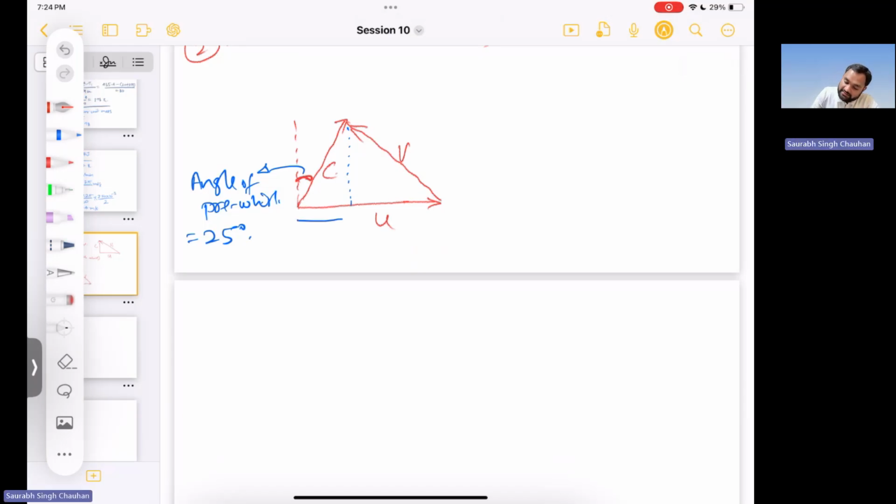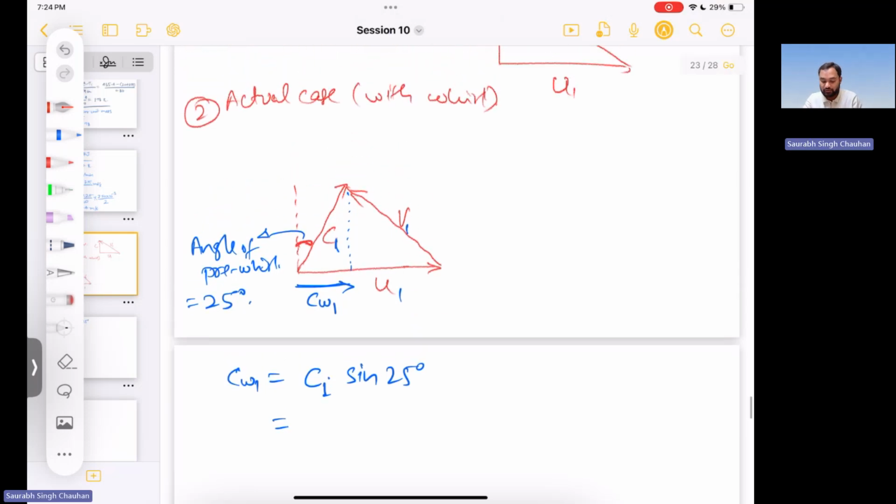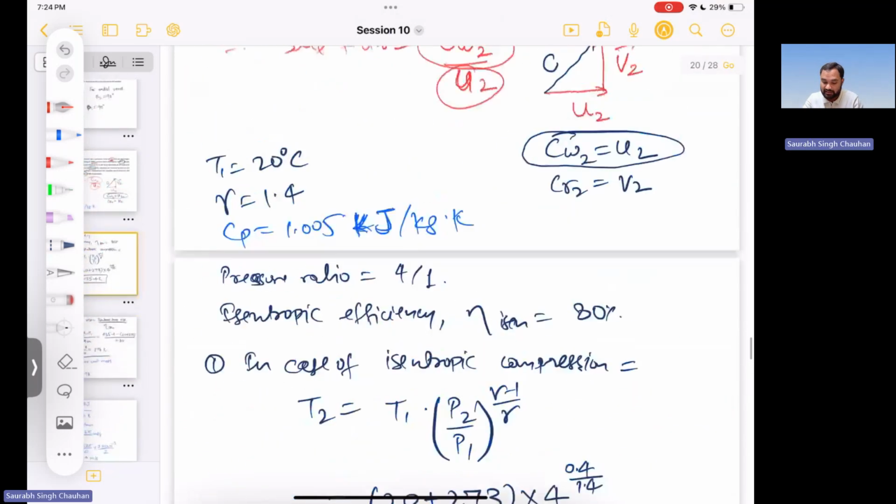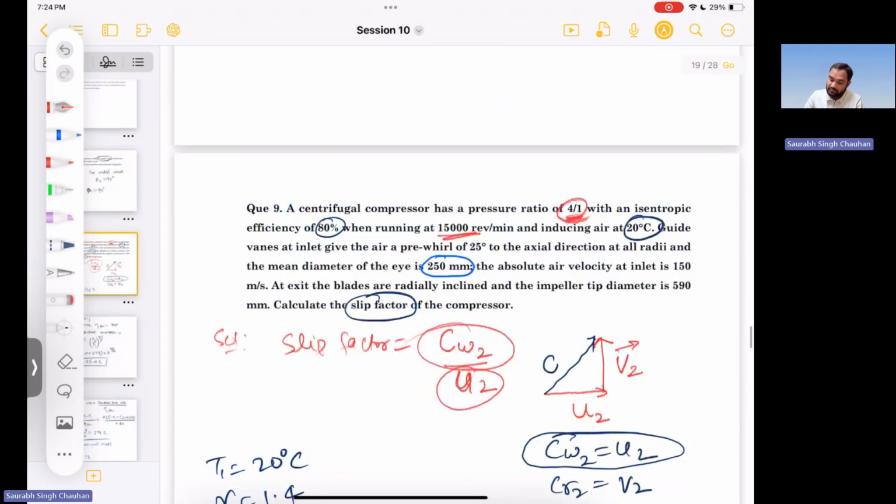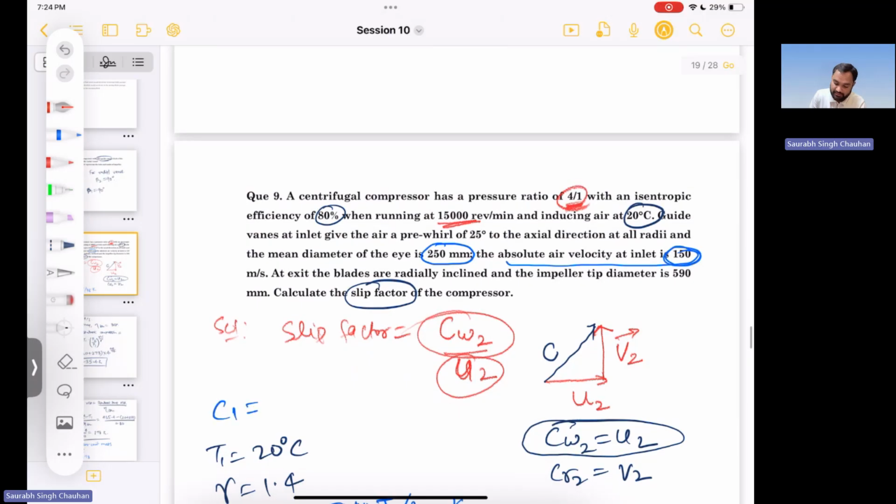So from here you can calculate CW1. CW1 will be C1 times sine of 25 degrees. C1 is the absolute air velocity at inlet, which is given as 150 meter per second.